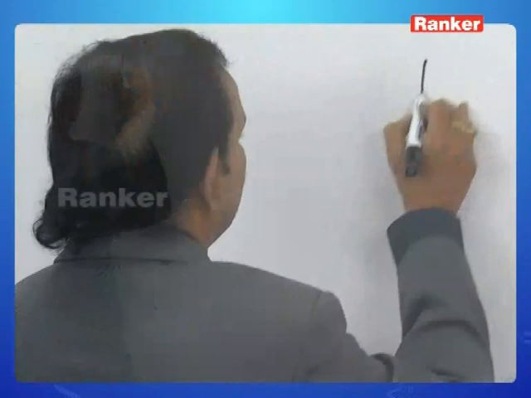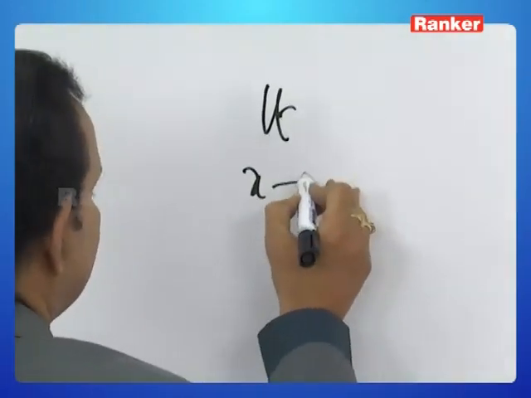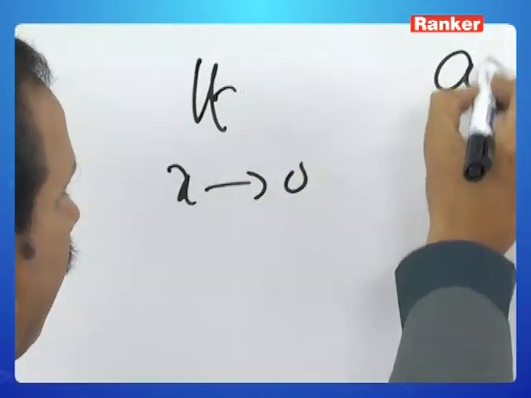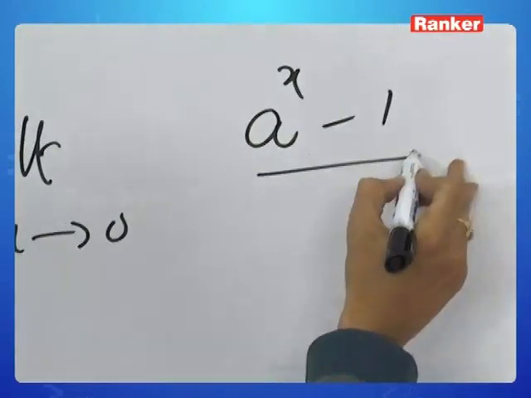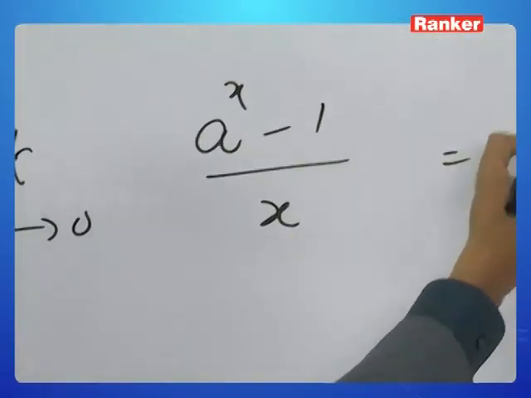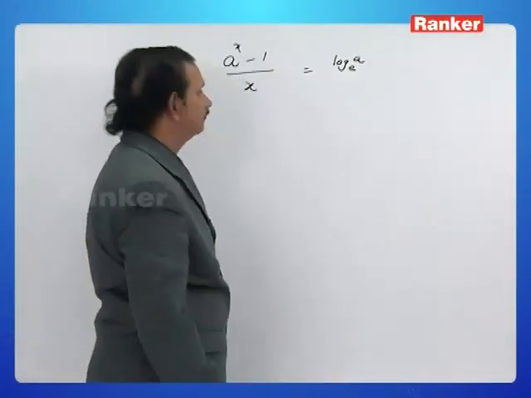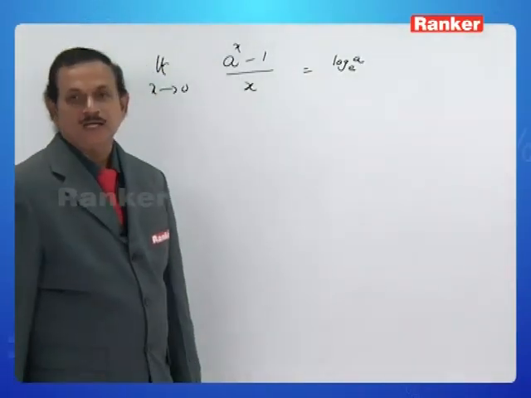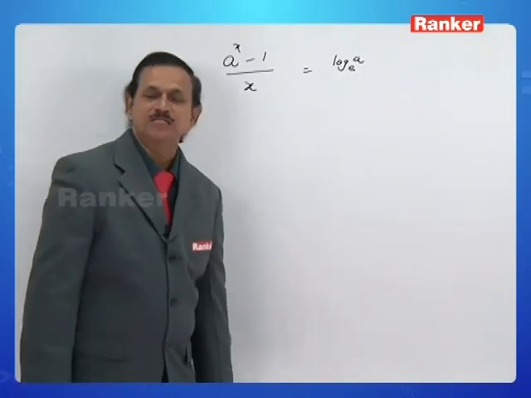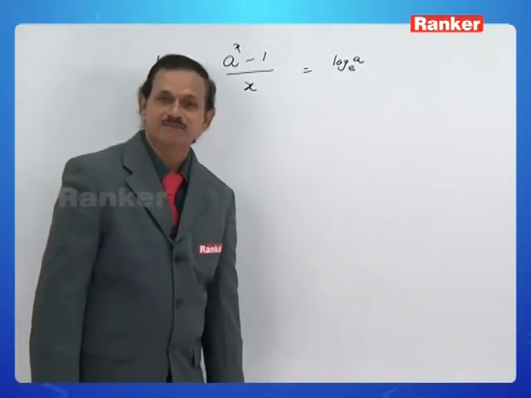The next formula, limit as x tends to 0 of (a^x minus 1) by x is log a to the base e. And its proof can easily be observed in the earlier classes itself.